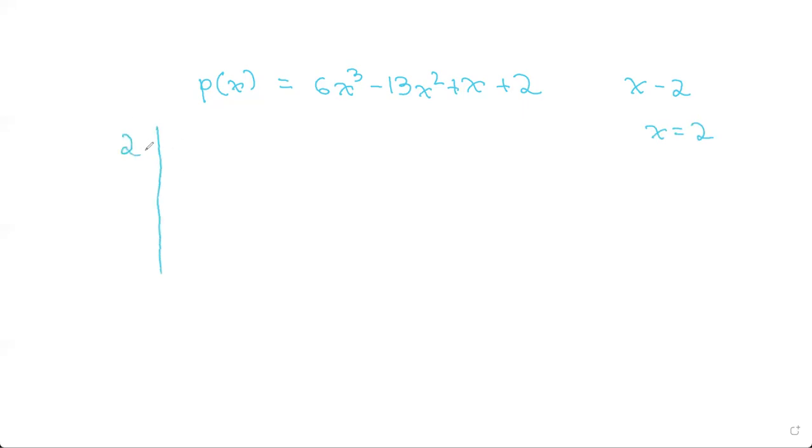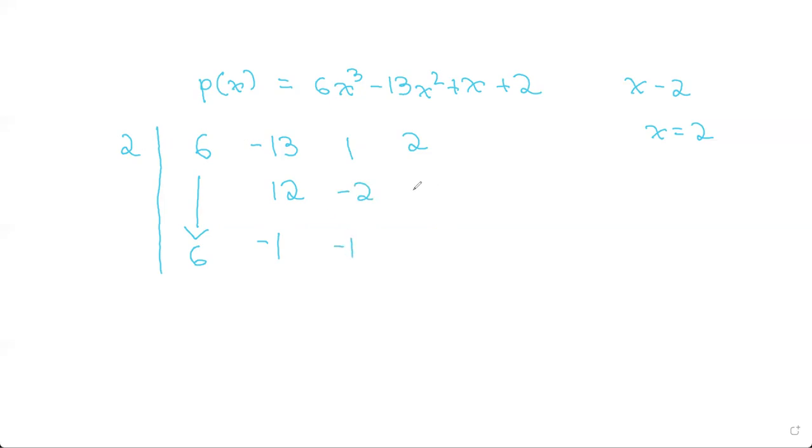So to keep the 2 outside, write the coefficients 6, minus 13, 1, and 2. Move the 6 down here. 6 into 2 is 12. Minus 13 plus 12 is minus 1. Minus 1 into 2 is minus 2. 1 minus 2 is minus 1.